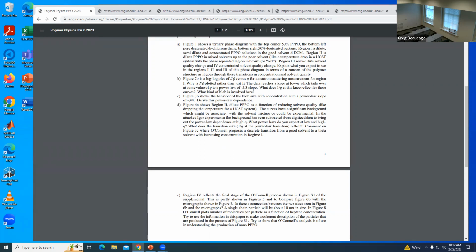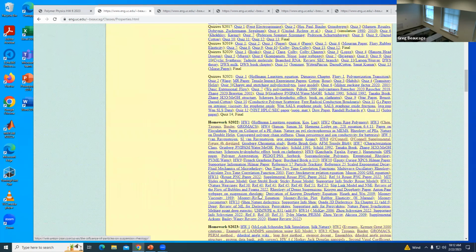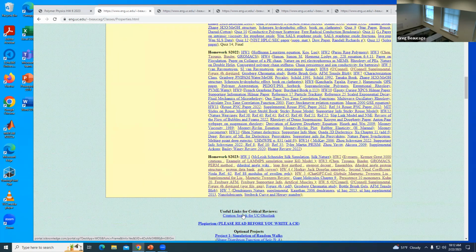Then D, it says, what power laws do you expect? This was a problem. One group downloaded Igor and got the plot and looked at the plot. But you guys didn't do that, right?